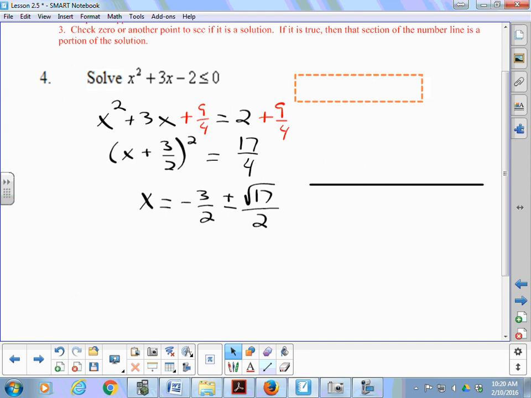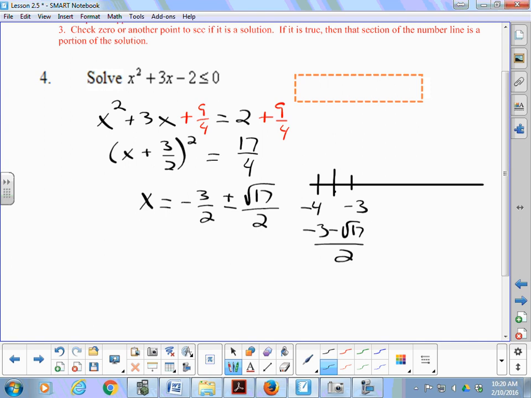Approximately. And when I divide by 2, I get basically -3/2. So this left end point here is going to be between -4 and -3. Right? And this number is going to be -3 minus the square root of 17 all over 2. All right, we're okay with that.